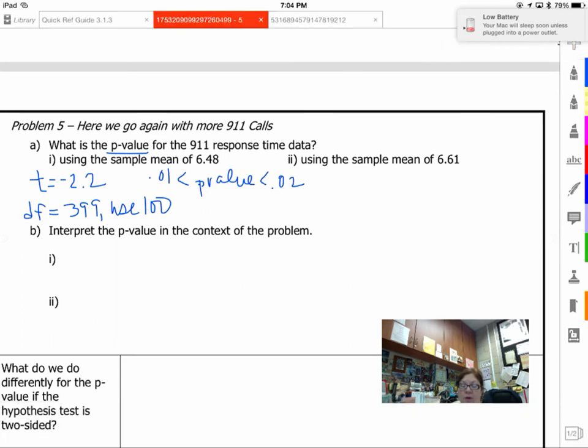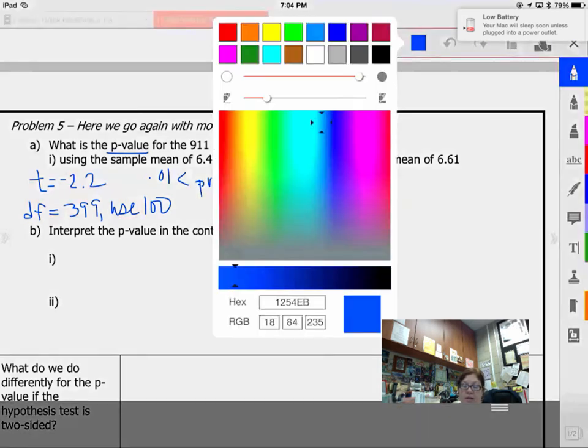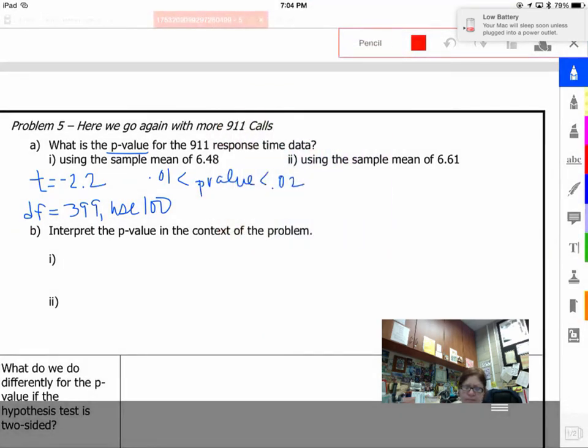Remember, on the next problem, we had a test statistic that was negative 0.9. And again, I'm going to use the same degrees of freedom. So it was 399 because we had a sample size of 400. Remember, degrees of freedom is one less. So I'm going to use 100.